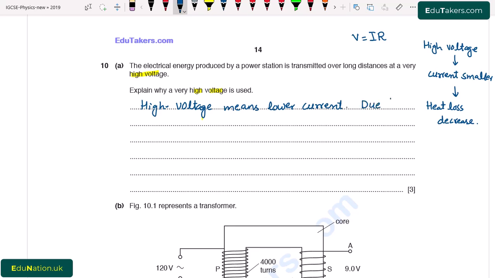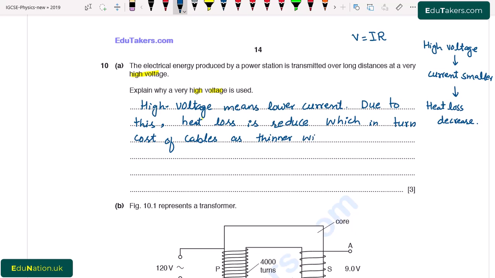Due to this, heat loss is reduced. Which in turn reduces the cost of cables as thinner wires can be used.